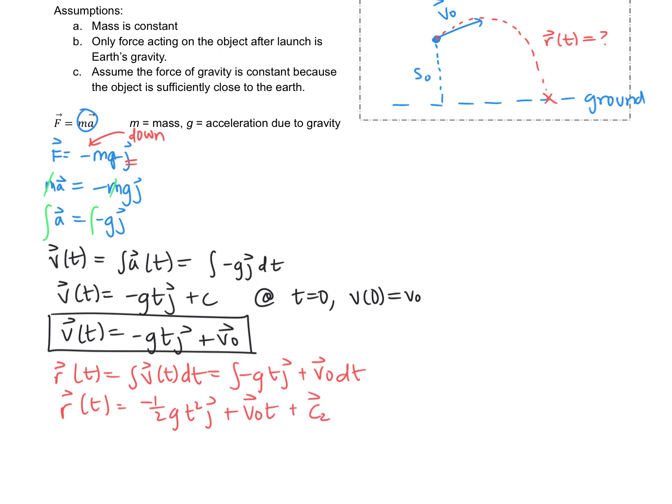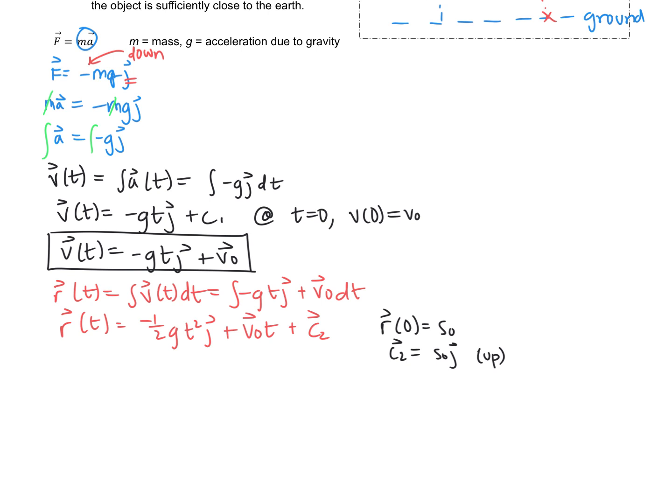All right, so this is really like c1. And again, we're going to have to go back to the figure to get some initial conditions. We know that our initial position is s sub 0, which tells us that c2 is s sub 0 j, which should make sense. The object is moving up initially.